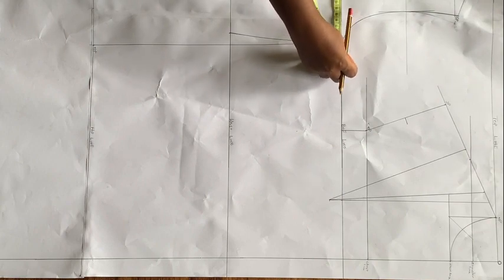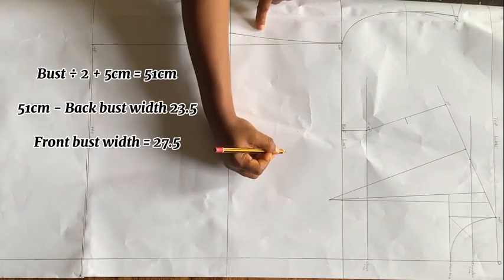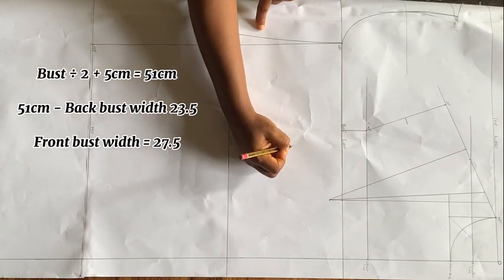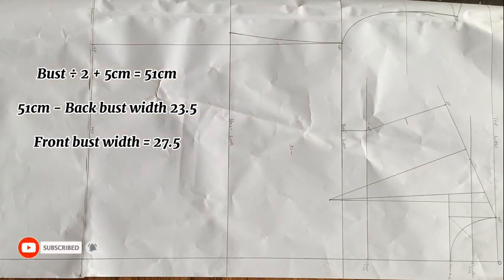Now to get our front bust width, we are going to be subtracting the back pattern width from the total bust width of our pattern, which, remember, when we started drafting this pattern, the width of the paper was half of the bust plus 5.